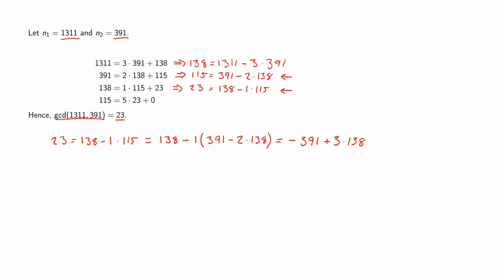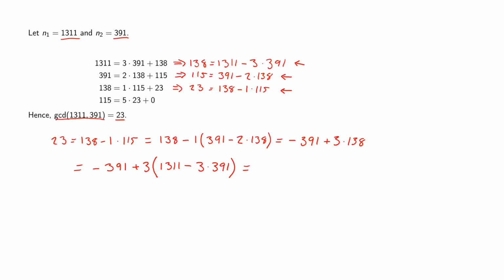What we do now is go to the next row in line. So here this is going to be written as minus 391 plus 3 times, and now 138 can be written as 1311 minus 3 times 391. So now we collect our 391s and our 1311s.